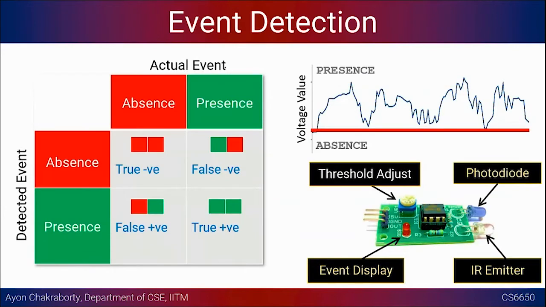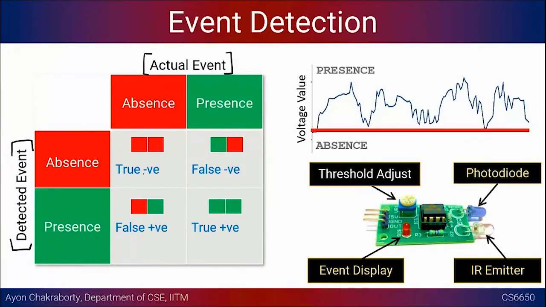Here, this underestimation and overestimation can be termed in a very simple way. This is the actual event on the top, that the person was absent or present, and this is the detected event. What is the detection that we are doing from the raw signal or the raw samples? Based on the threshold, we are trying to determine whether the person was present or absent. So I have color coded this.